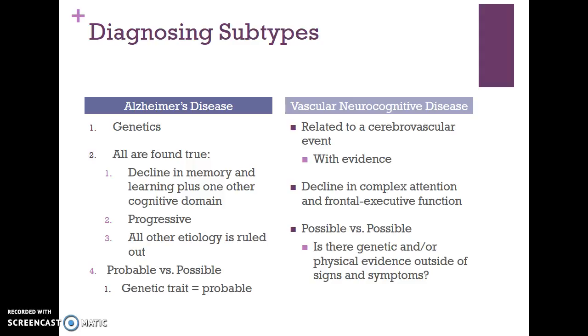The difference between possible versus probable is that there needs to be genetic or physical evidence outside of the signs and symptoms, for instance neuroimaging. So it's possible that someone could have vascular neurocognitive disease without this evidence, but the diagnosis is more likely to be probable with that corroborating evidence.